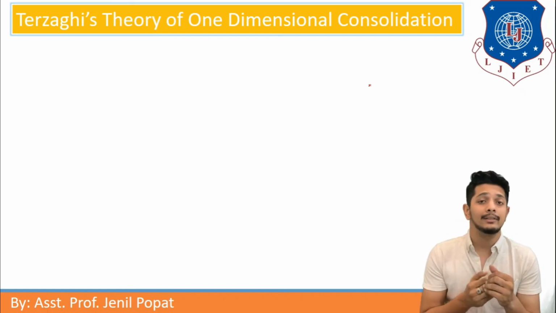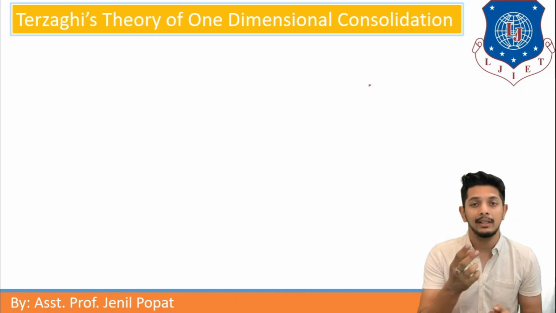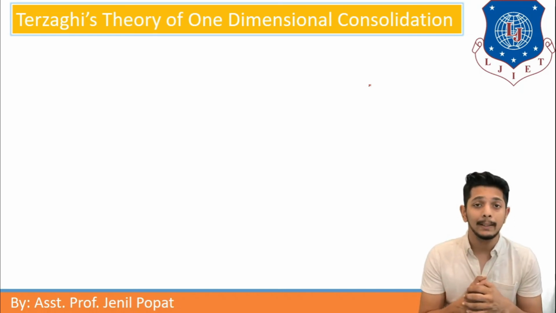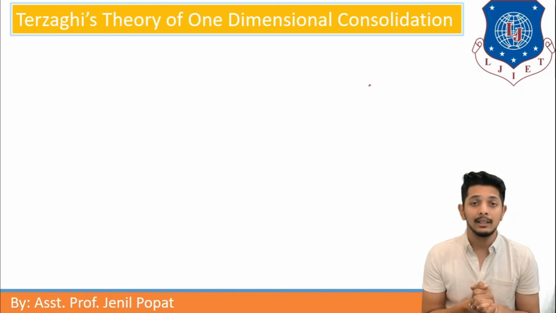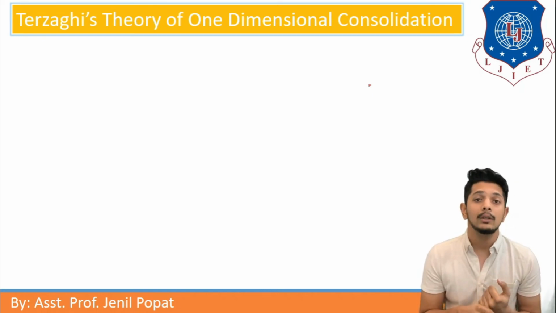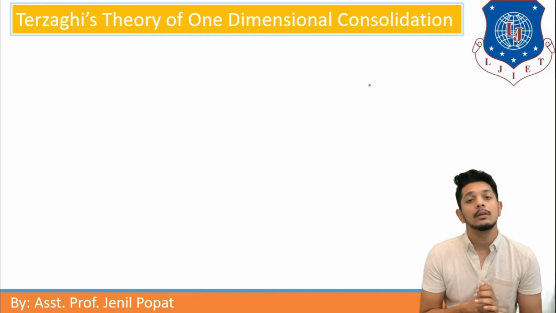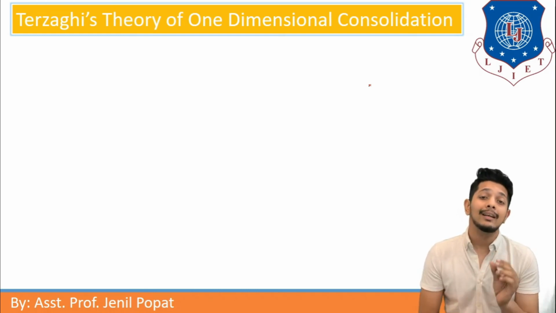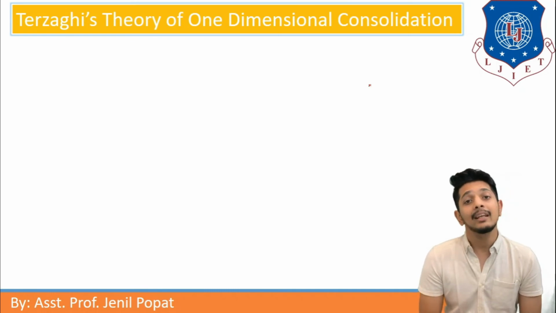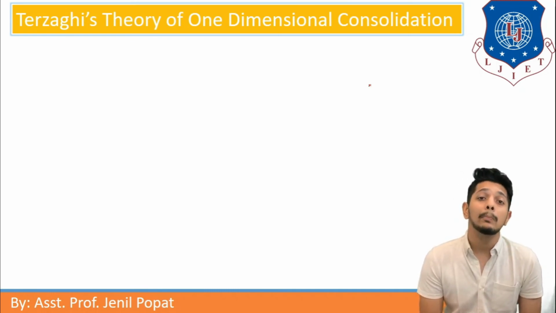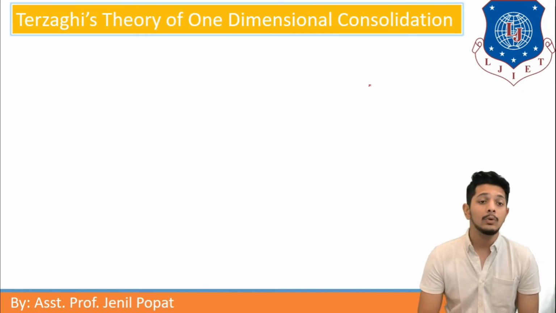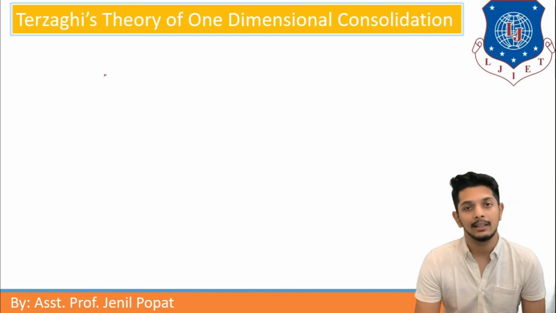Now, to relate them and to predict the time rate of consolidation, we need some concrete theory, and Terzaghi's theory is among the popular theories. With Terzaghi's theory, we can find the consolidation and pore water pressure of the soil at any elapsed time and at any depth. Let us move further and understand Terzaghi's theory.